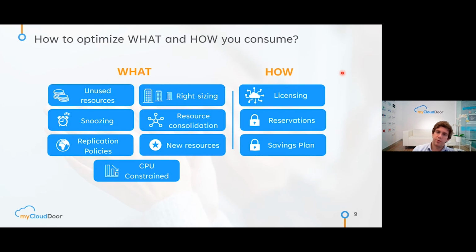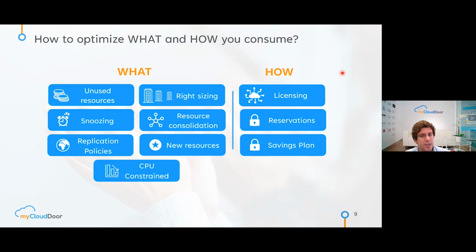So on the what, on the resources we are consuming, we are going to see options in unused resources, right sizing, snoozing, resource consolidation, replication policies, the new resources or the new families that the provider is launching, and also the CPU constraint, which are a specific type of resources, as we are going to see later. On the how part, we are going to check the licensing, the reservations, and the savings plan.